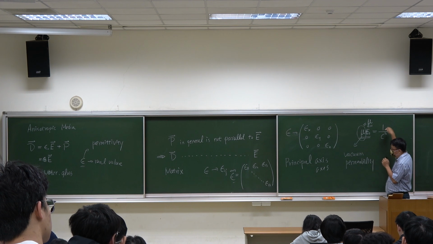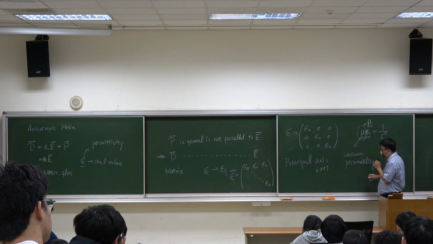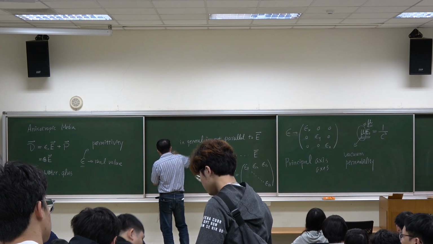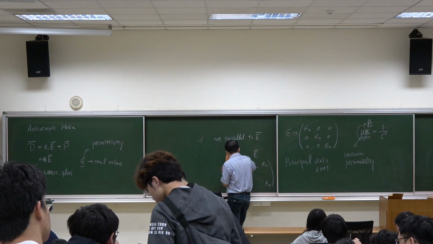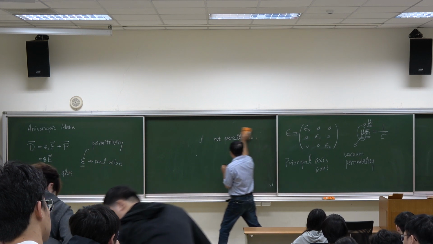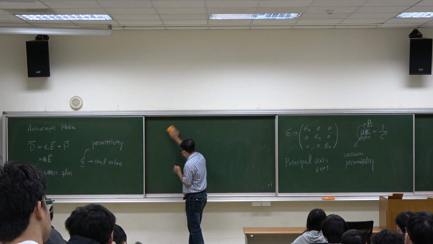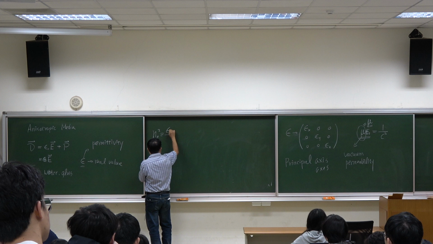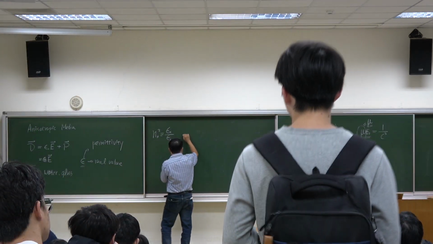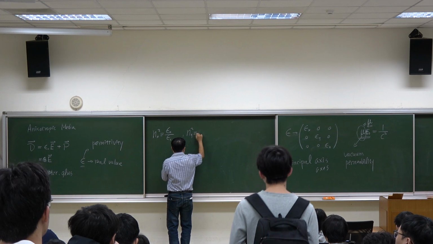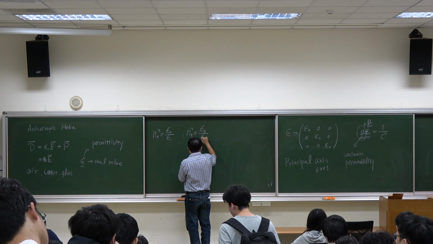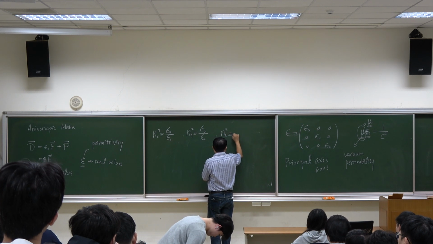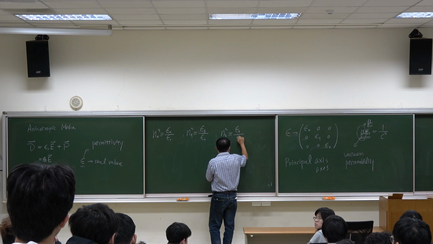According to this notation, we can define three reference refracting indices. We define nx squared as epsilon x over epsilon 0, ny squared is defined as epsilon y over epsilon 0, and nz squared is defined as epsilon z over epsilon 0.